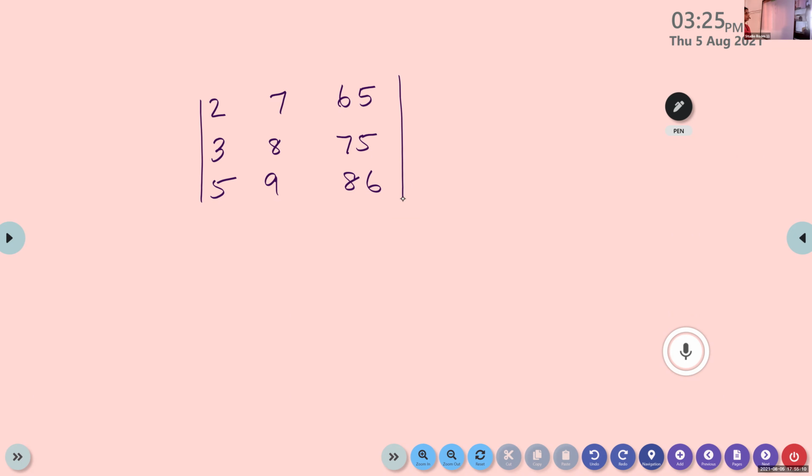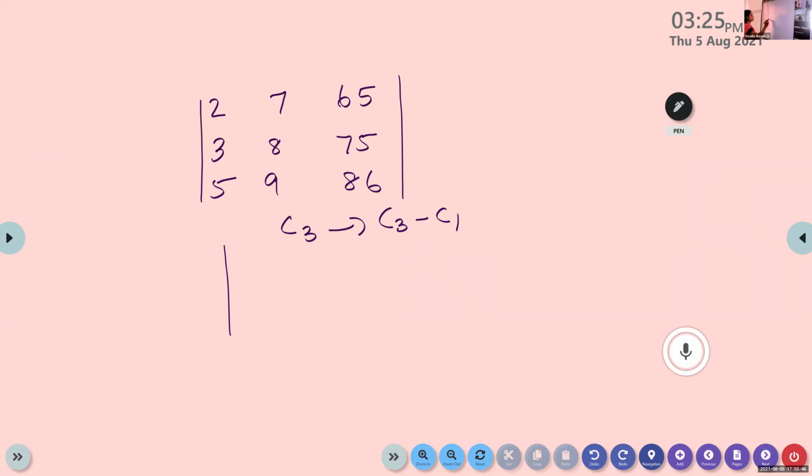What we can do here? C3 gets C3 minus C1.